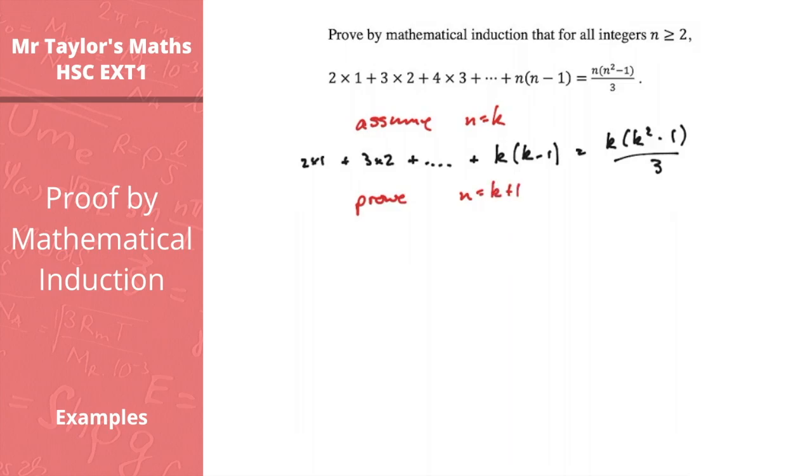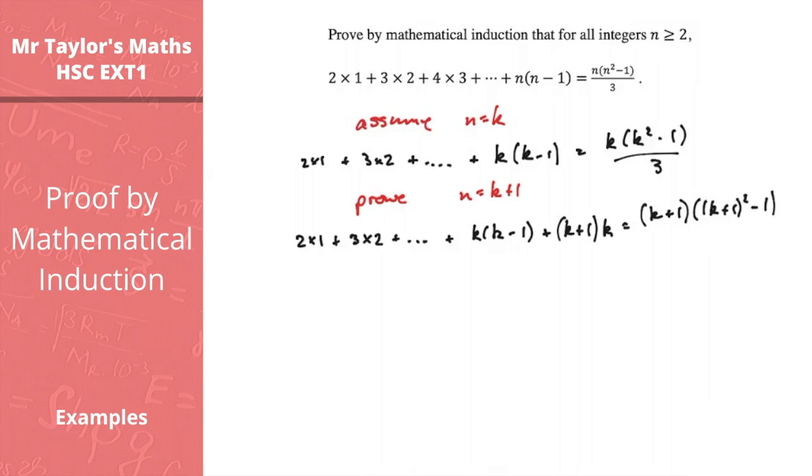Alright, so the way I like to write these, I'm going to write basically the same thing. I'm even going to include this term, but of course there's going to be the k plus 1. So it's k plus 1, and then k plus 1 minus 1 will just be k, and then this will be k plus 1 squared minus 1 all over 3.